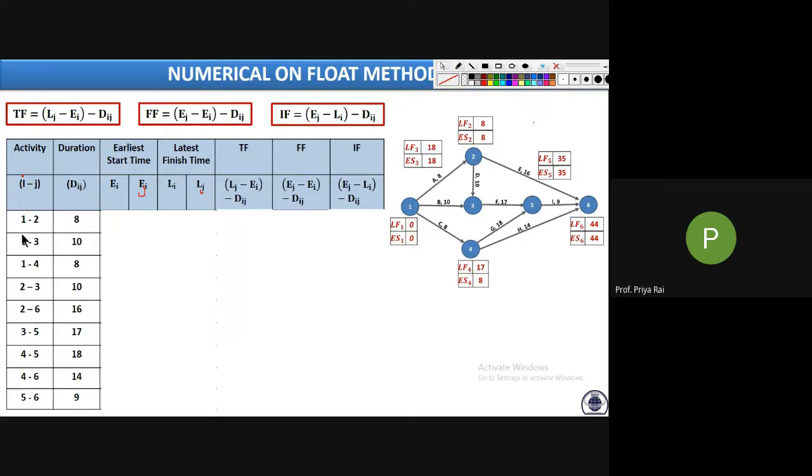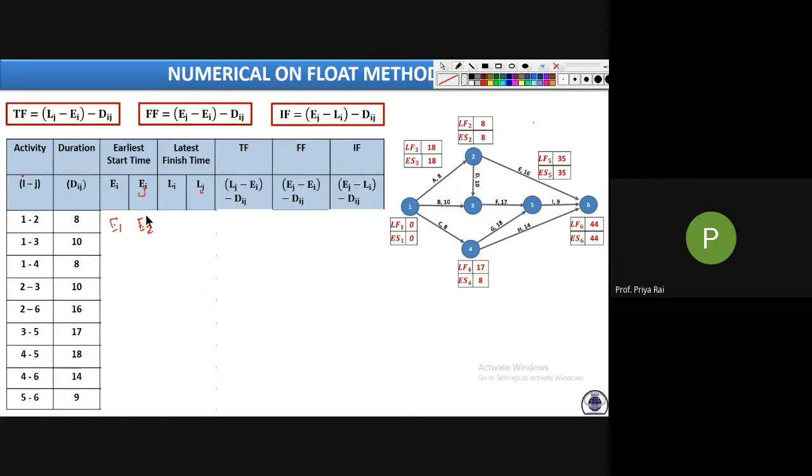See, for this activity, i is 1, j is 2. So Ei is what? Ei is E1 for this activity, right? And Ej is E2.